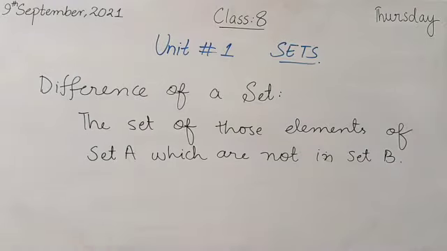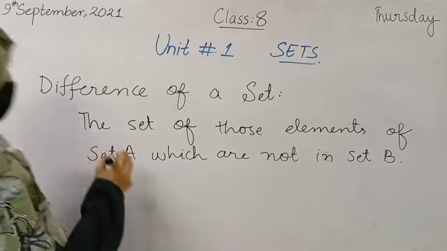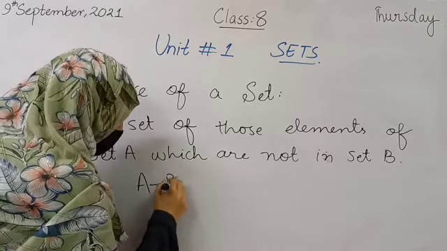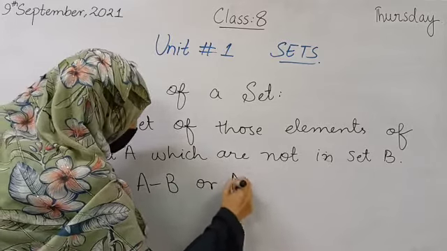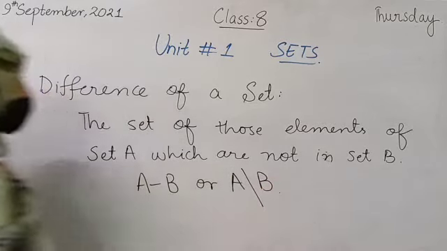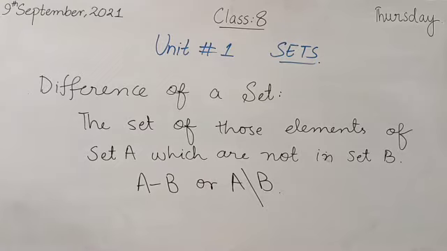We denote their difference by A minus B or A slash B. These are the two notations to denote how to write difference of a set. For example, see an example.